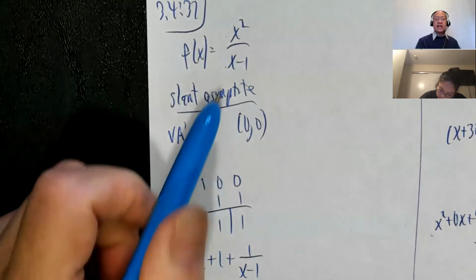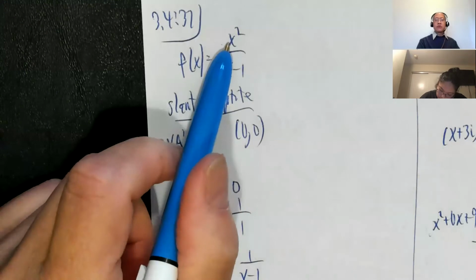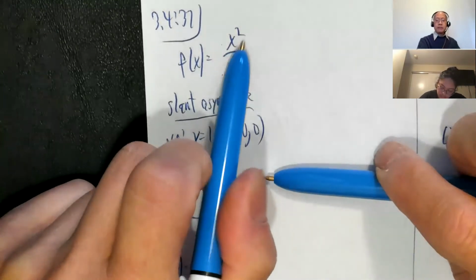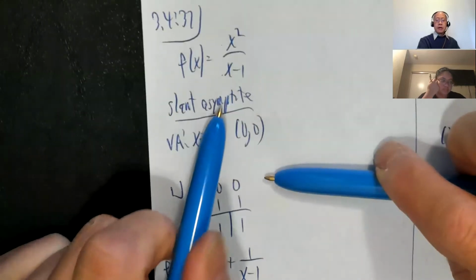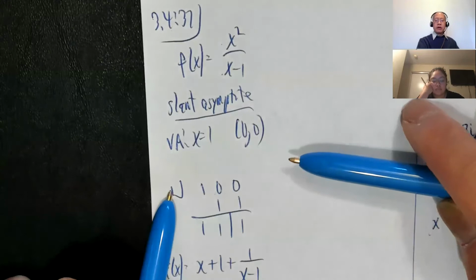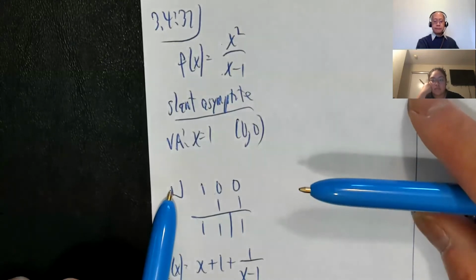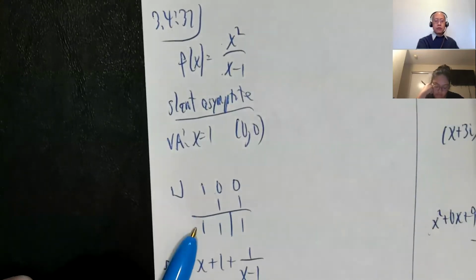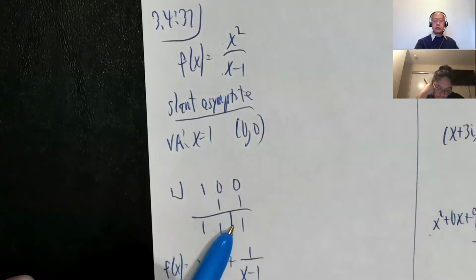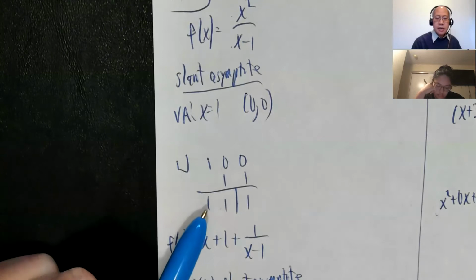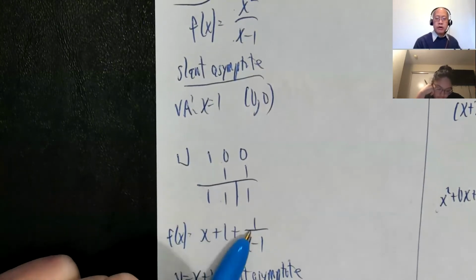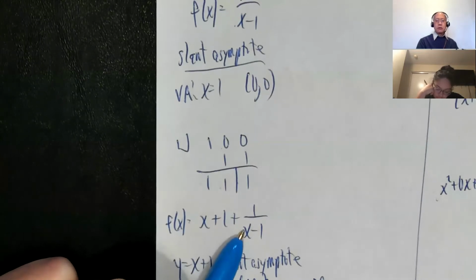And then I did synthetic division of x squared plus 0x plus 0, right? x squared plus no x plus 0, and divide by x minus 1 means I put 1 here. This time there's going to be a remainder. So 1, 1, 1, 1, 1, a lot of ones. How do I read this? x plus 1 plus a remainder of 1, 1 over x minus 1.